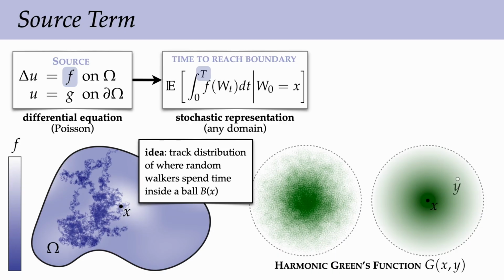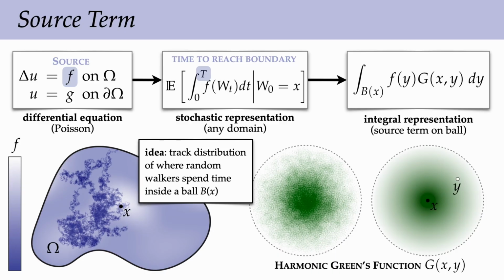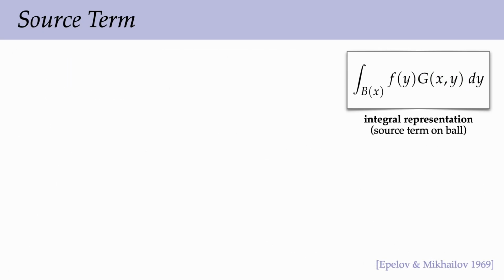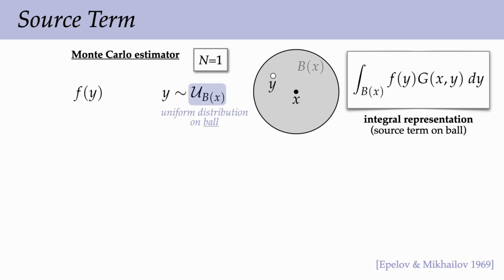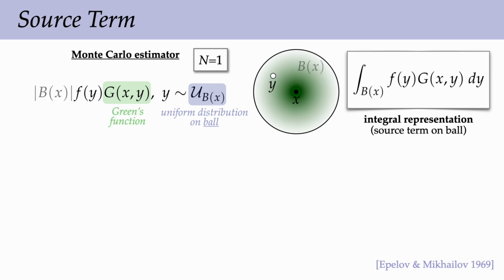So we expect to pick up background radiation equal to the integral of the source term f times the Green's function g over the ball. Once again, we can approximate this integral using a one-point Monte Carlo estimator, which means we sample a point uniformly from inside the ball rather than on the ball boundary, and evaluate the source term and Green's function at this sampled point, and multiply by the volume of the ball.